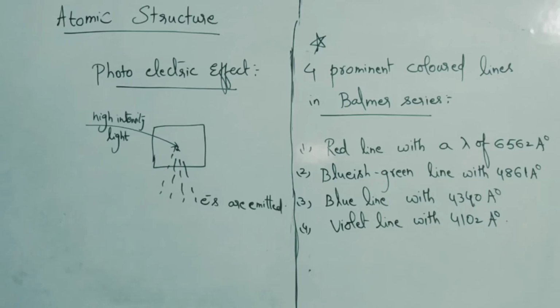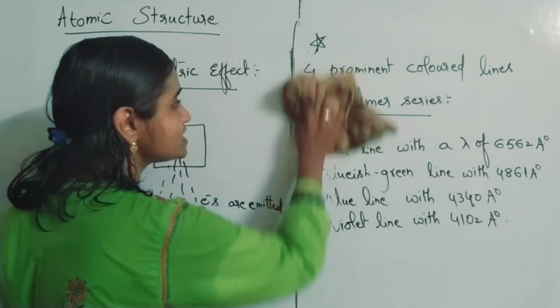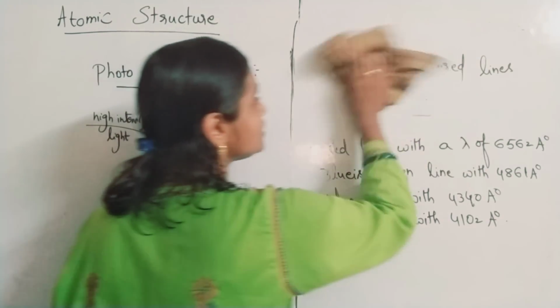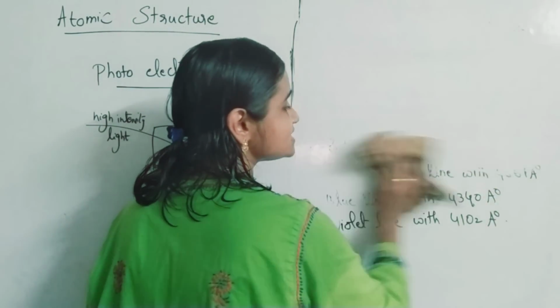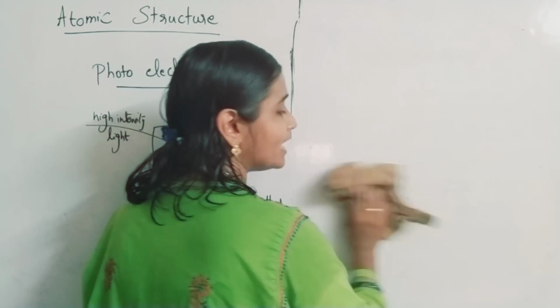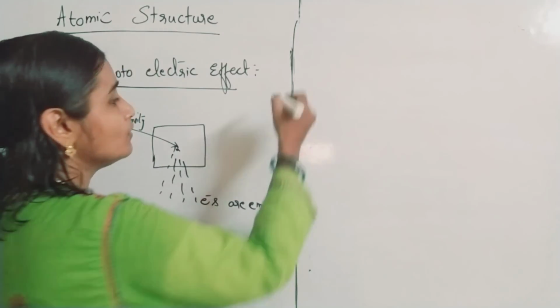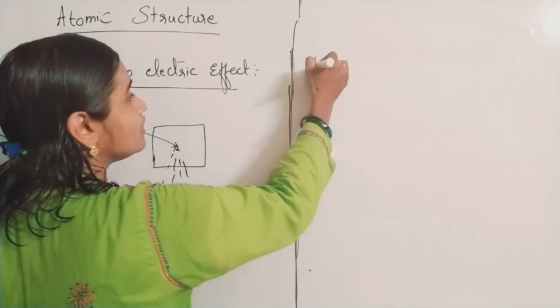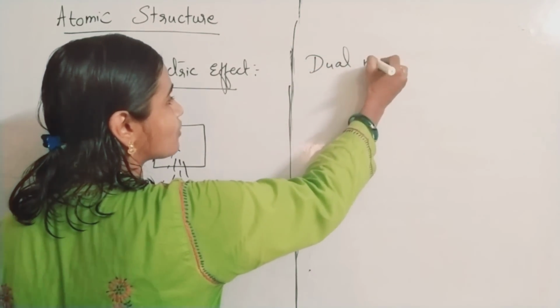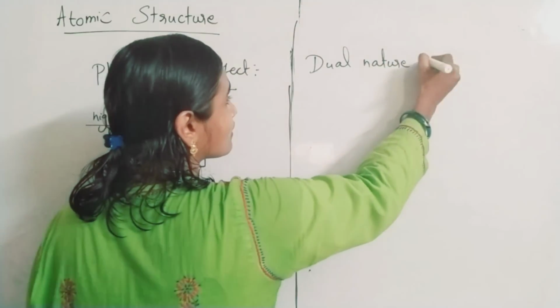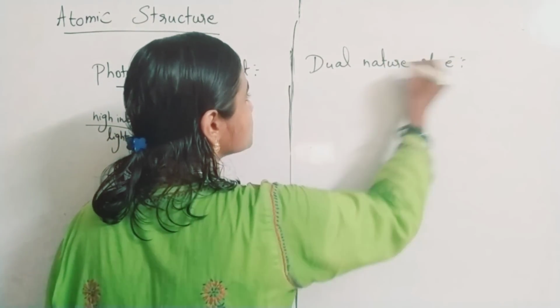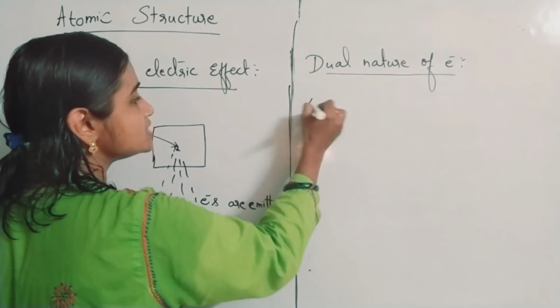Based on this, Louis de Broglie proposed dual nature for the electron. Louis de Broglie was telling that the electron has wave nature as well as particle nature, the dual nature of the electron. So what does Louis de Broglie say?